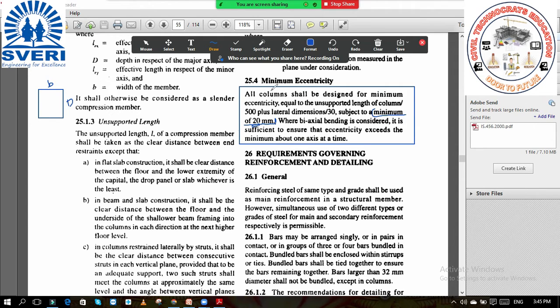So this is clause number 25.4, what I have told you just now. And your E minimum should be less than or equal to E, and this E is calculated as E is equal to 0.05 D. So please note down these things.